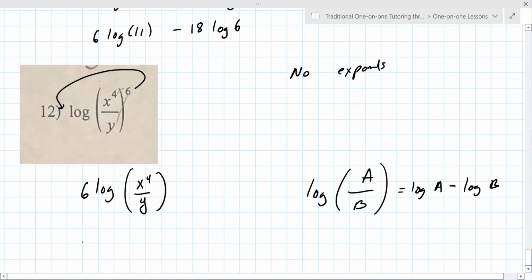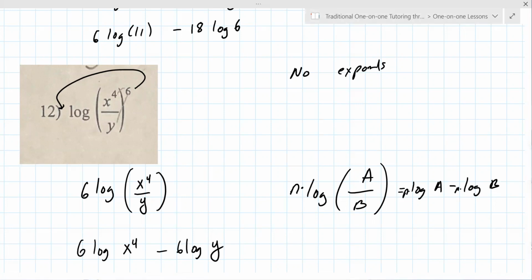Okay. So this becomes 6 log X to the 4th minus 6 log Y. So if there's something out in front, it also goes out in front when you're distributing here. Oh, okay.